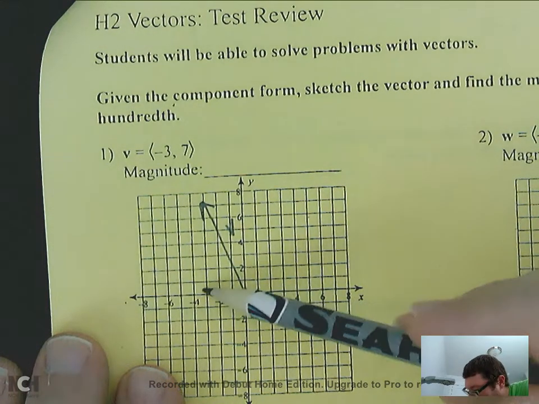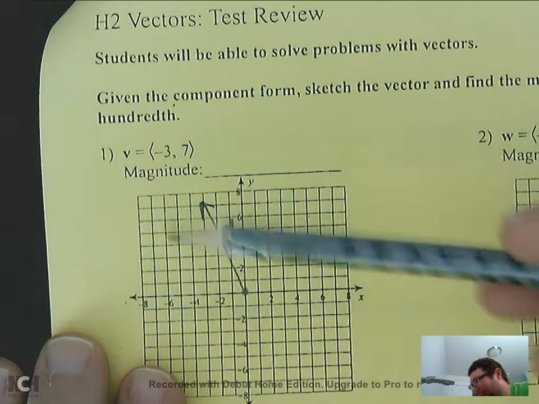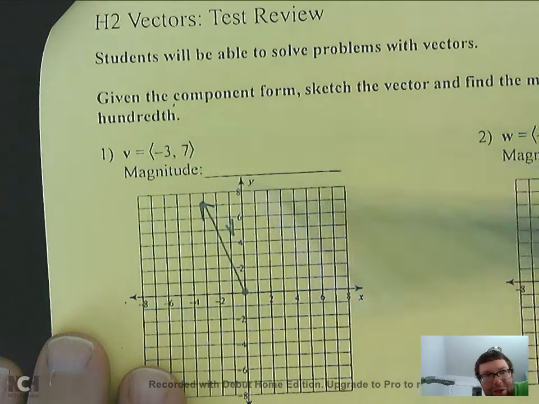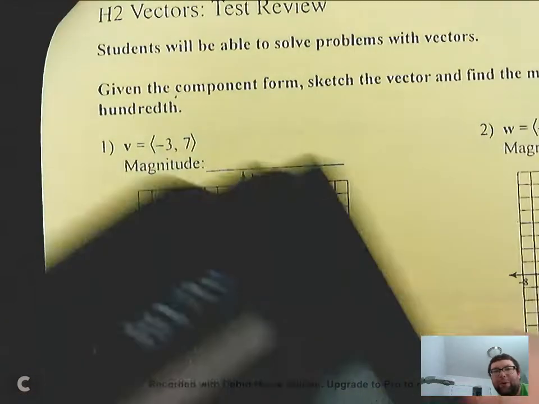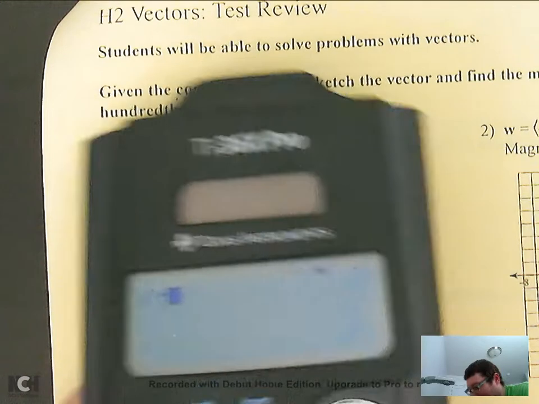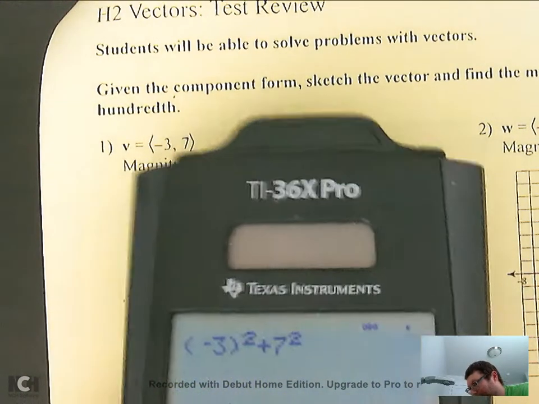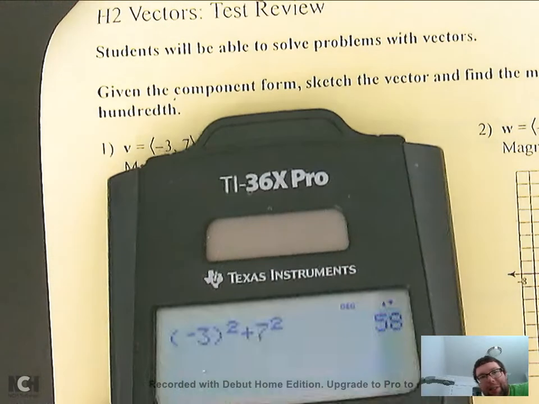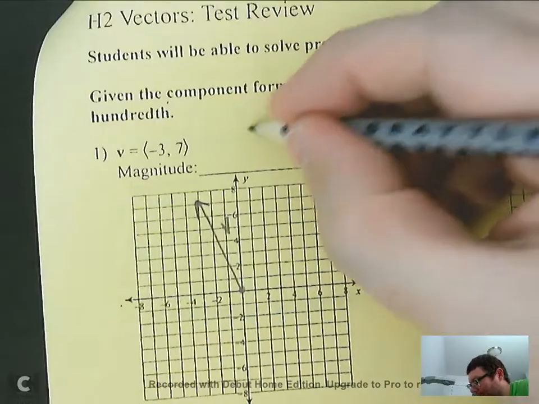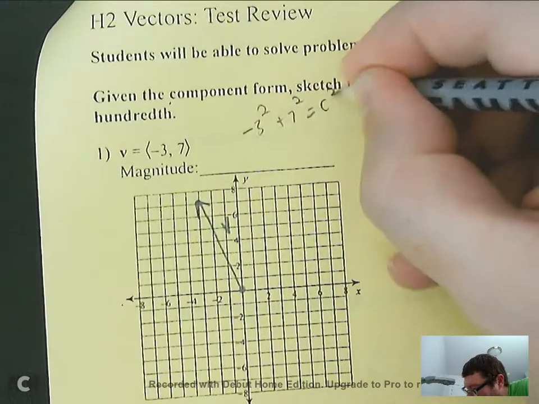Now to find its magnitude, again, Pythagorean theorem. It's the horizontal length squared plus the vertical length squared. And again, in component form, it's basically just going to be those two numbers. So in our calculator, we would just do, in parentheses, -3 squared plus 7 squared, which is 58. So -3 squared plus 7 squared equals c squared.